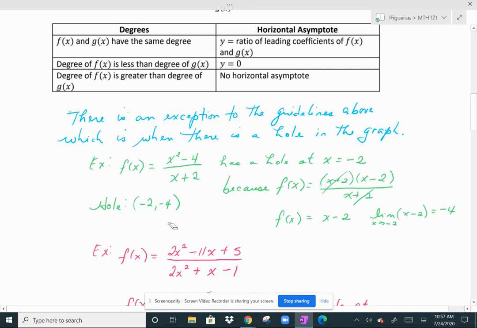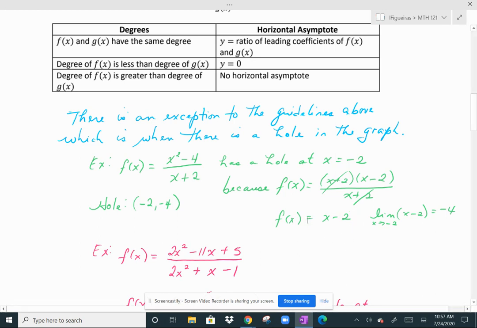And so therefore there is no vertical asymptote for this problem because there is nothing in the denominator once you cancel, but you do have a hole at negative 2, negative 4, and there's also no horizontal asymptote.